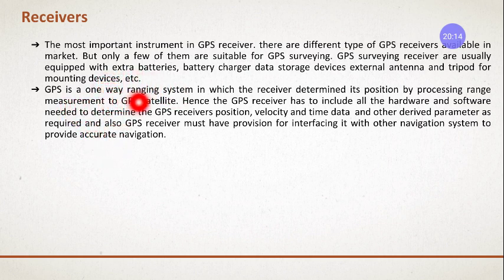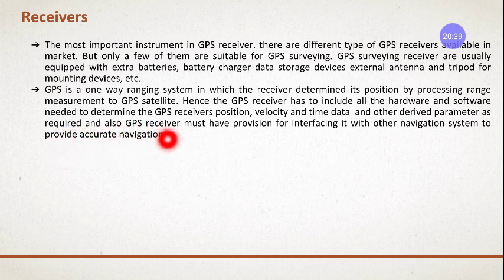GPS is a one-way ranging system in which the receiver determines its location by processing the range measurements of GPS satellites, and hence the GPS receiver has to include all the hardware and software needed to determine the GPS receiver position, velocity, and time data, and other derived parameters as required.